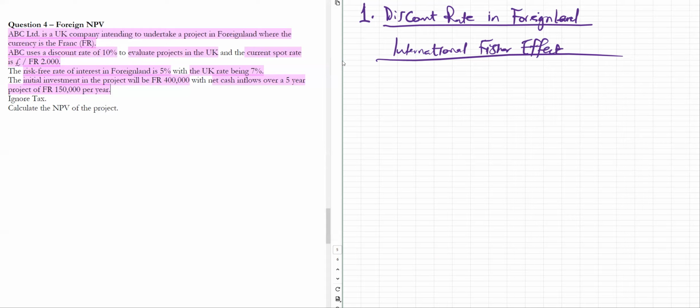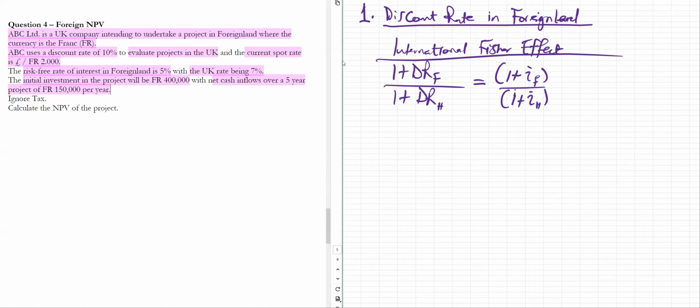So the first thing I need to do is say 1 plus the discount rate in the foreign currency, which is the franc, all over 1 plus the discount rate in the home currency, which is the pound. This equals, since they gave the risk-free rate, which represents the interest, 1 plus the interest rate in the foreign currency all over 1 plus the interest rate in the home currency.